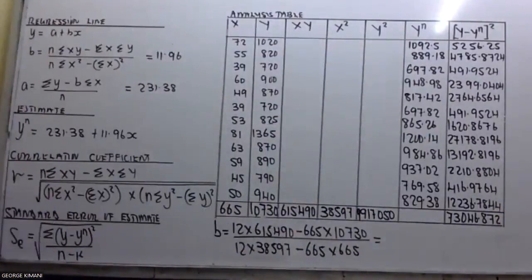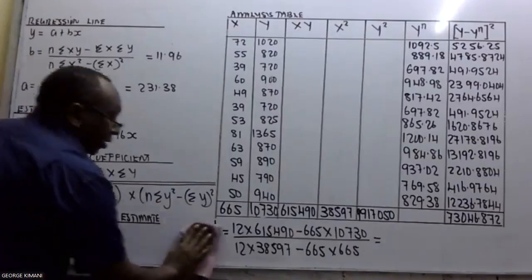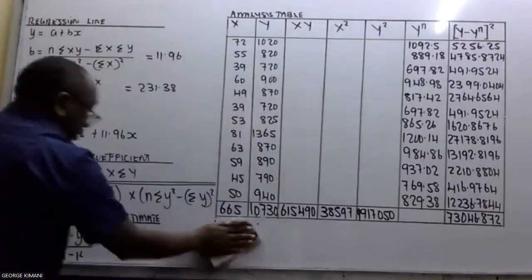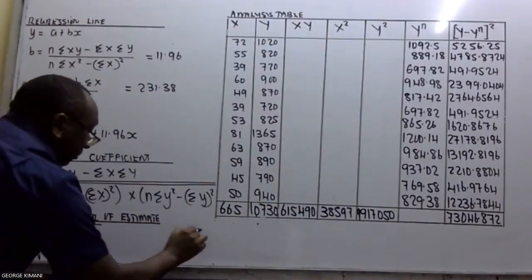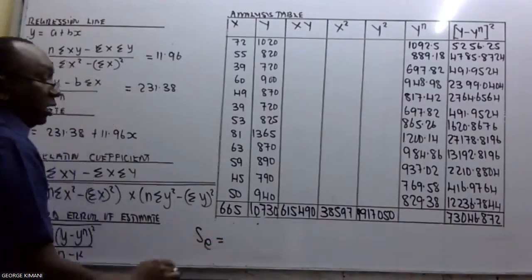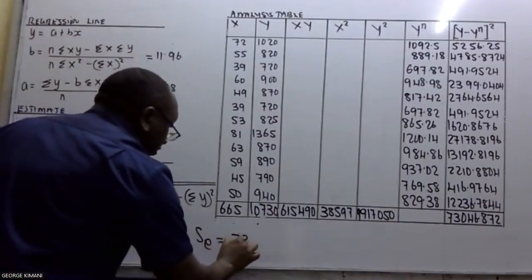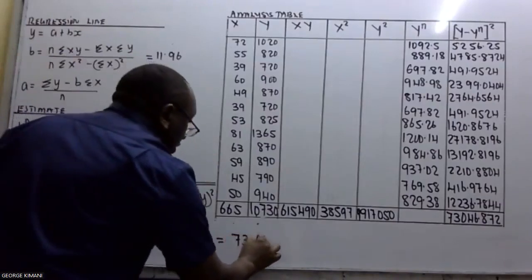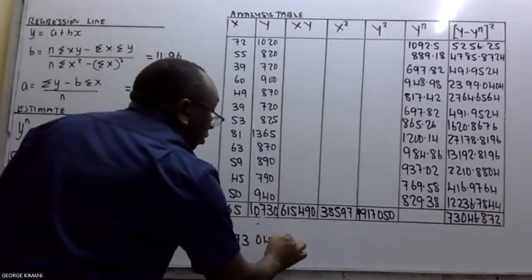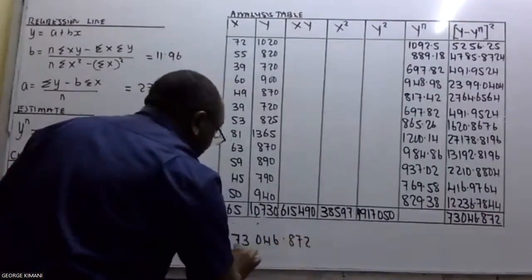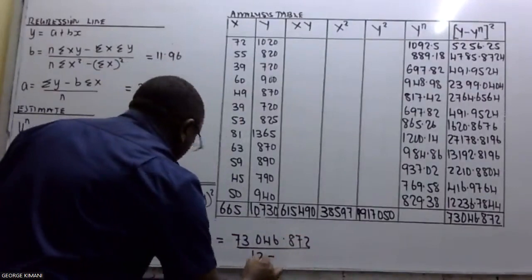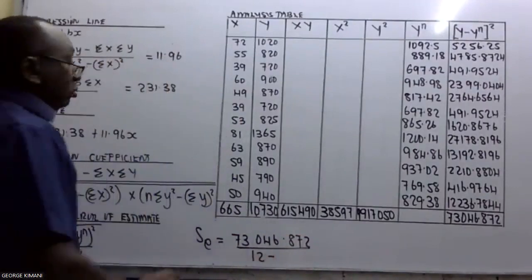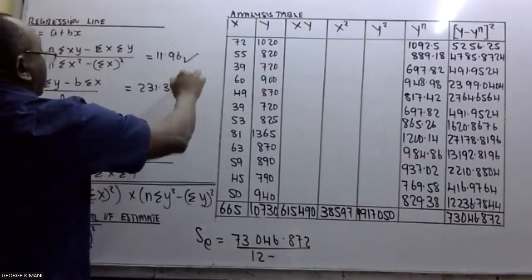So if that is true, then when I come here, I will say my SE is 73,046.872. You divide by N. N is 12 minus K. K is 2 because you have computed these two values.